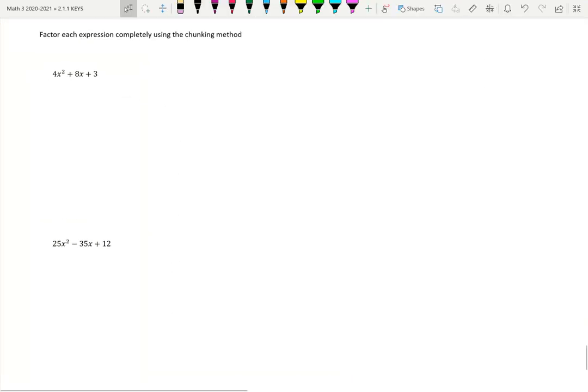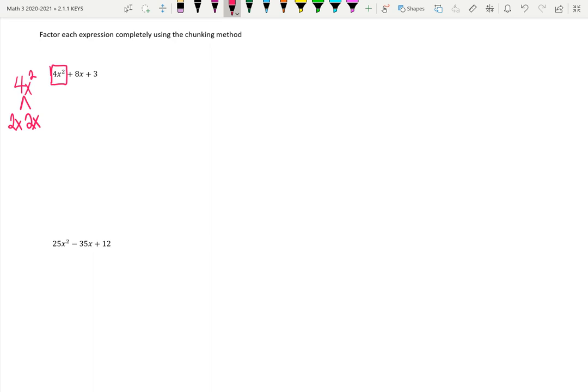So we're going to factor each expression using the chunking method, and basically the chunking method is when you see that there is a square in the first term. What I mean by that is I see 4x squared, and at first look it might seem completely normal, but I notice that it has a square property, two identical factors that multiply to make it.